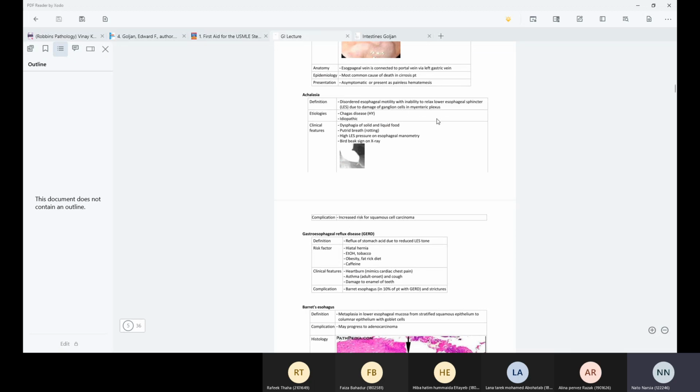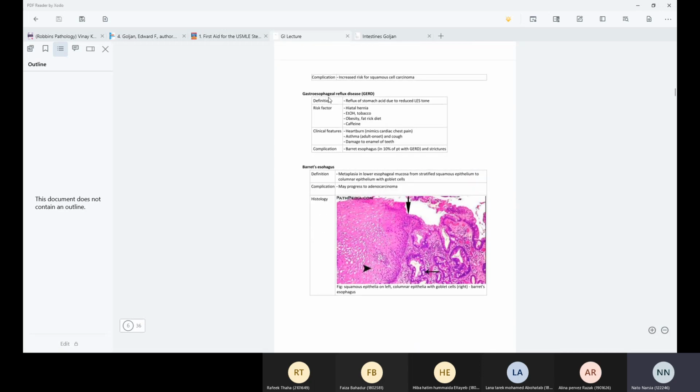You have, it is not lack, lack is in Hirschsprung, but you have disordered esophageal motility because of damage of the ganglion. There is lack of ganglion there, and here is damage of ganglion. Chagas disease is a high yield association.